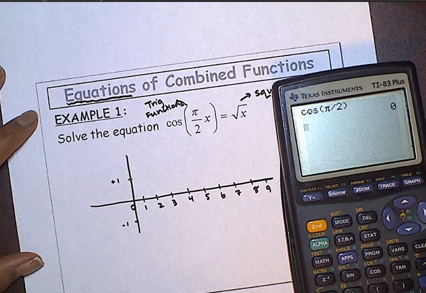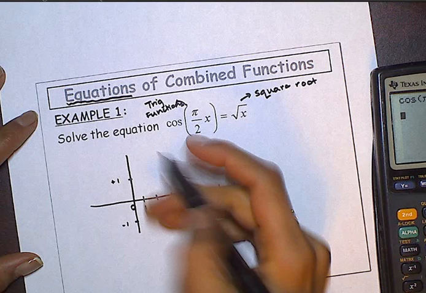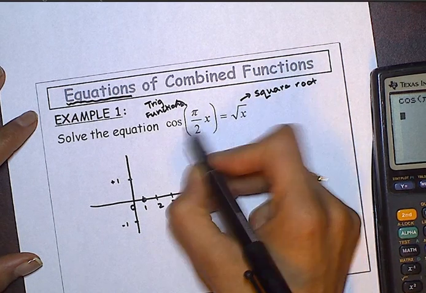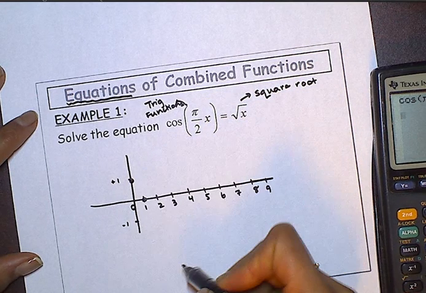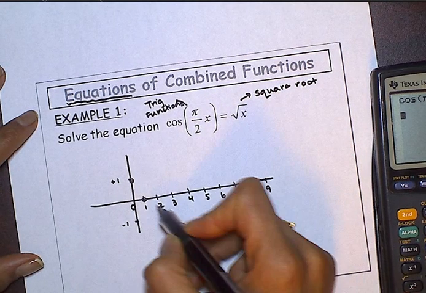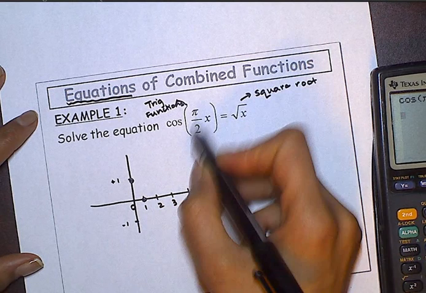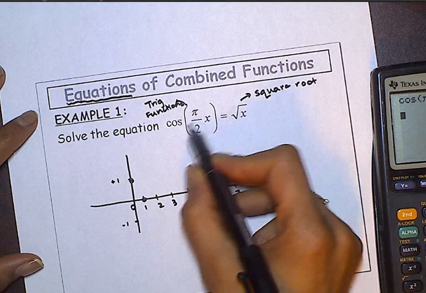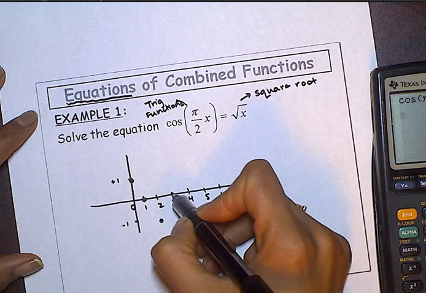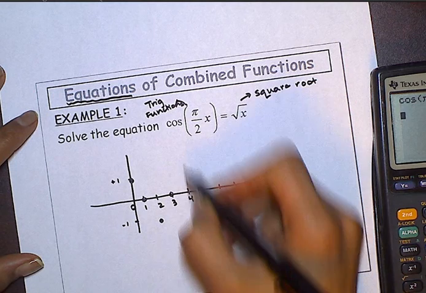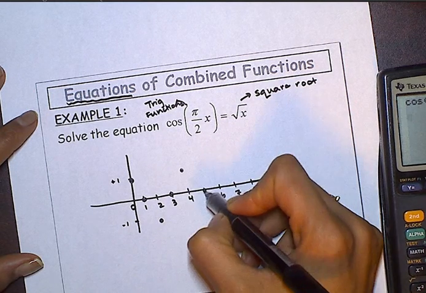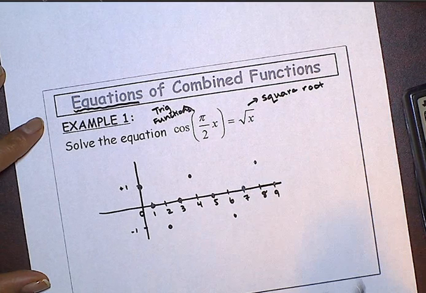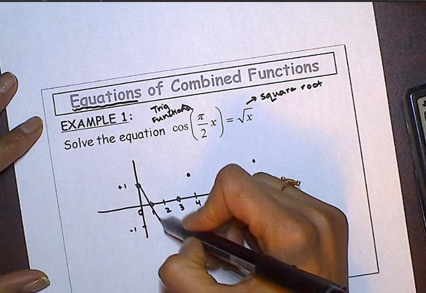I'm graphing cos of pi over 2x by subbing in different values for x. If x is 2, that's cos of pi, which is negative 1. Plugging in 3 gives 0, and 4 gives 1 again, just continuing that pattern. That's cos of pi over 2x.